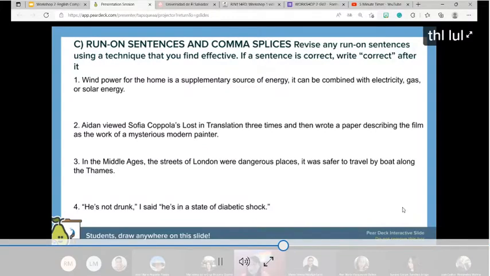And how do we fix a run-on sentence based on our material? I think 3 times, comma, and. So you think that you can just add a comma there?